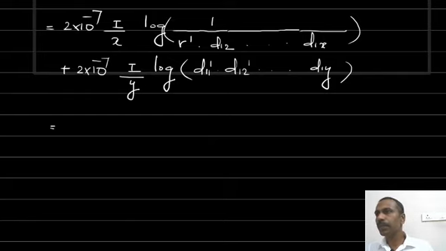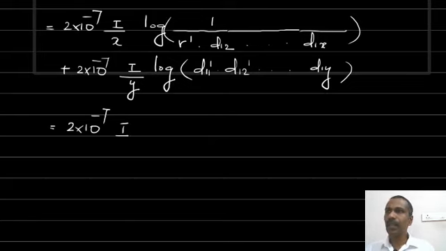This is equal to 2 into 10 raised to minus 7 I into 1 by X log D, which can be written as log of the xth root of D. So it becomes the natural logarithm, with base e.